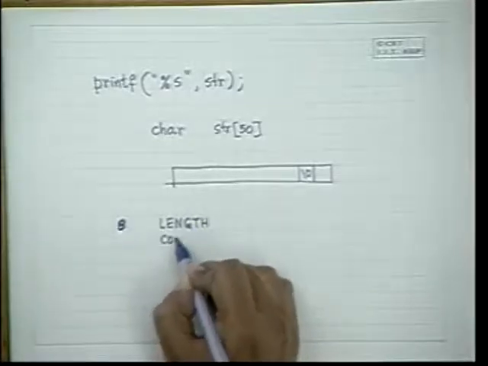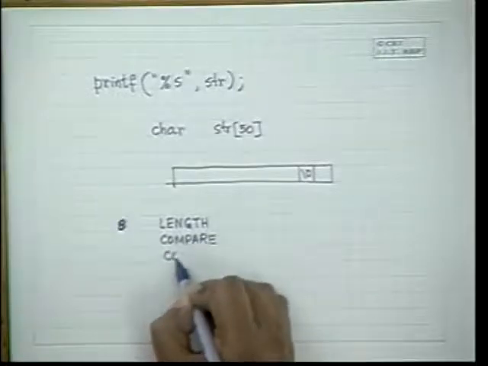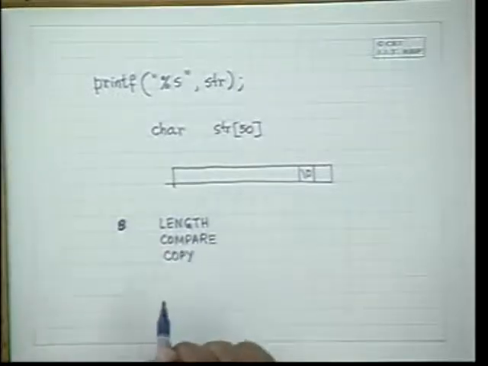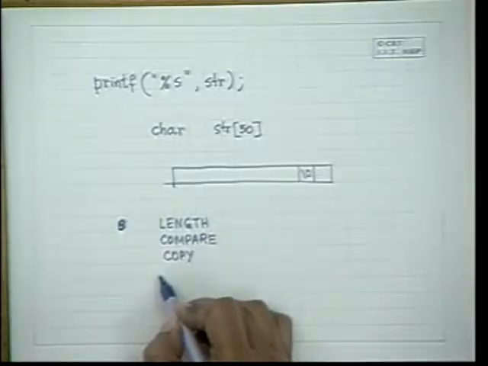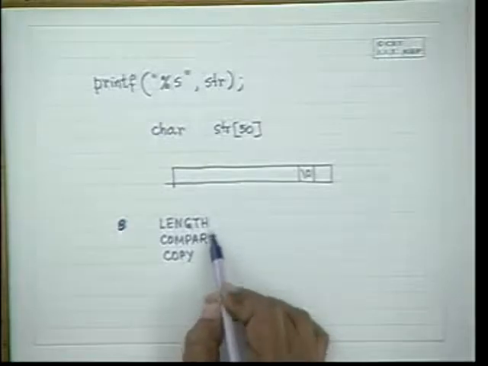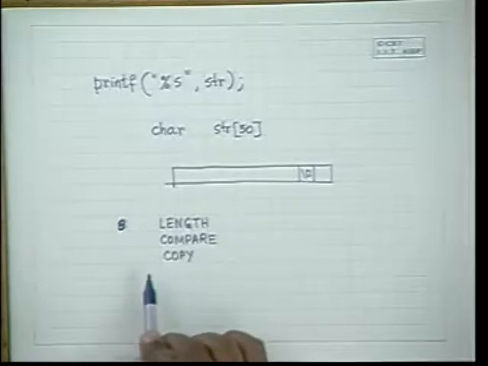You can compare strings, and you can copy strings, and you can duplicate. There is a string copy, there is a string compare, various types of string compare commands. There is a string length command. You can quickly have a look at the library to see what these commands are.